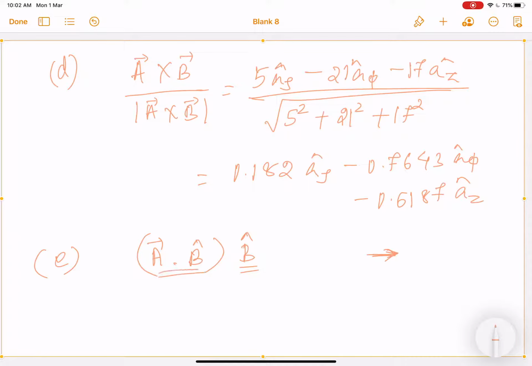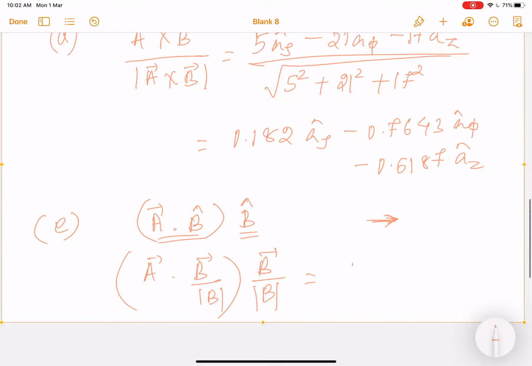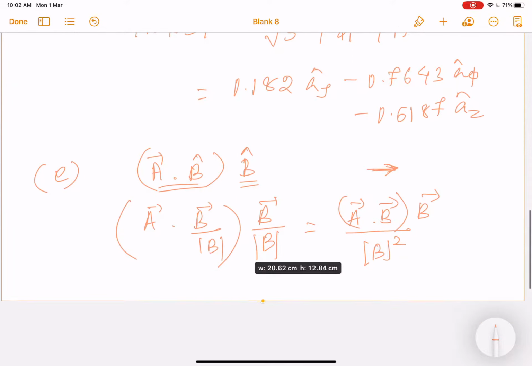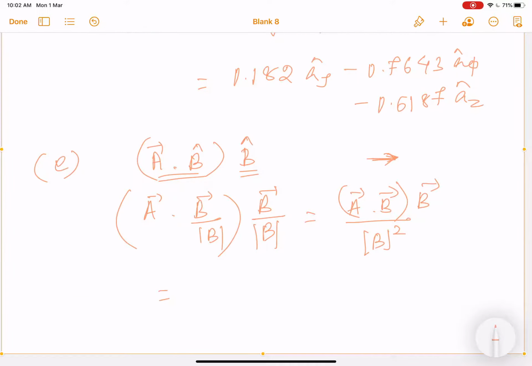And this one gives the magnitude of that vector, that is, the component of A along B. So this is A dot B by B magnitude, times B by B magnitude. I have already taken out A dot B in the first part, so I did not take it out again. I can square this and simplify. A dot B, I got minus 5.